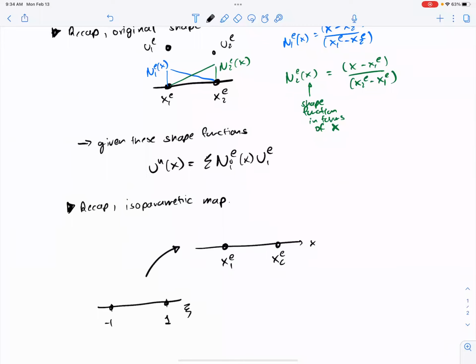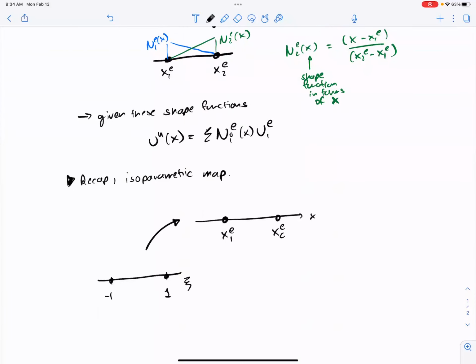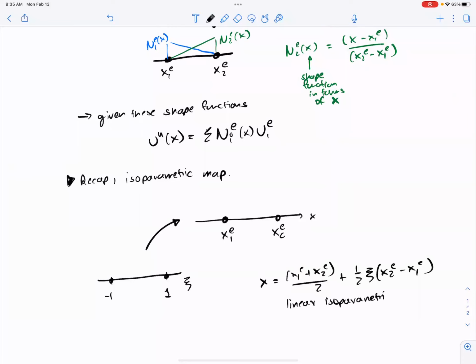And then I introduce this map. In particular, that map that I introduced last time looked like this: x equals (x1e plus x2e)/2 plus 1/2 xi (x2e minus x1e). That's what it looked like for the linear isoparametric map. So given any value of xi, I could go and evaluate x. And that's all we did on Monday and Wednesday.